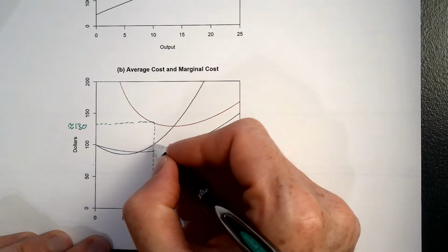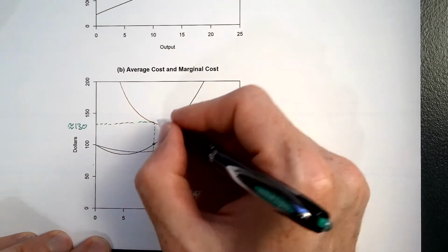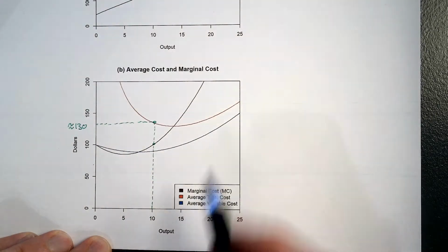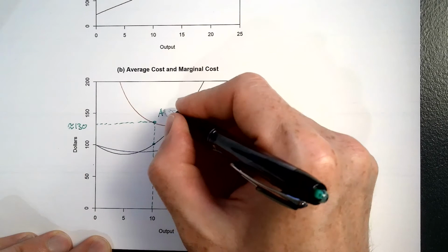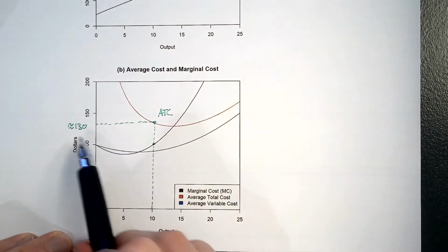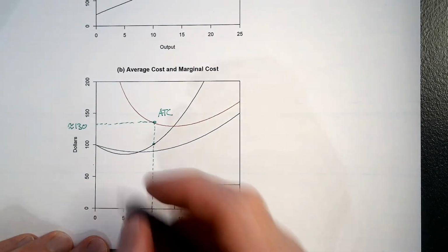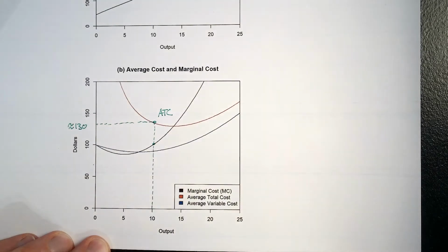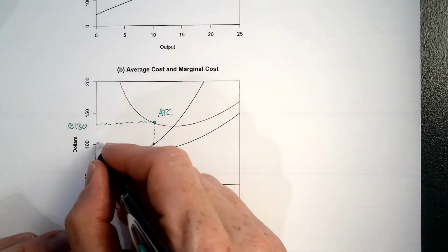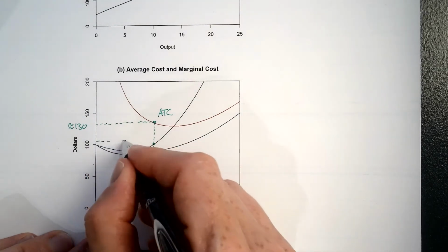Here we have the intersection, so this one is the average total cost, which is the $130. Now here we have the marginal cost, and let's assume that it is a little bit over $100.